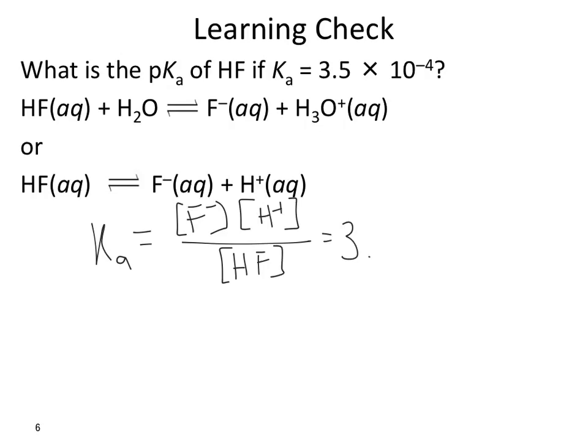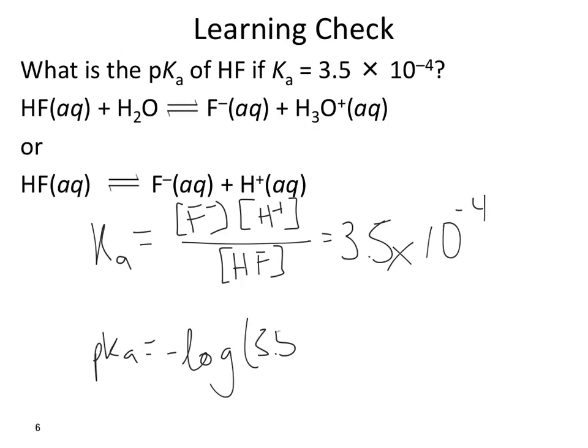And that equals 3.5 times 10 to the negative 4. So to find pKa, we're going to take the negative log of that. And we get 3.46. So it's on the strong side of a weak acid.